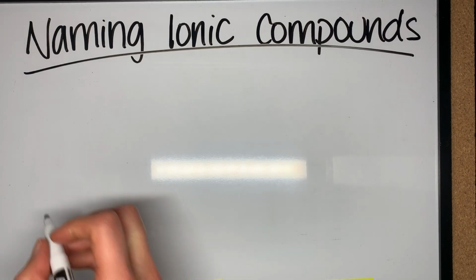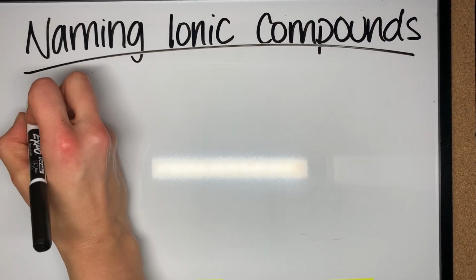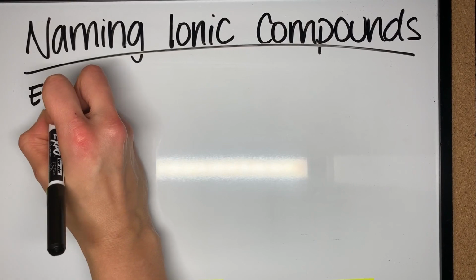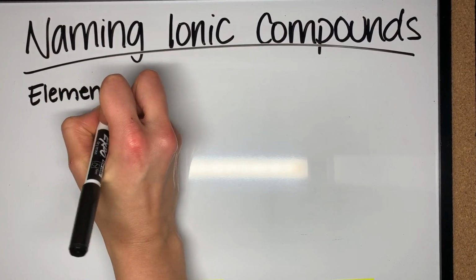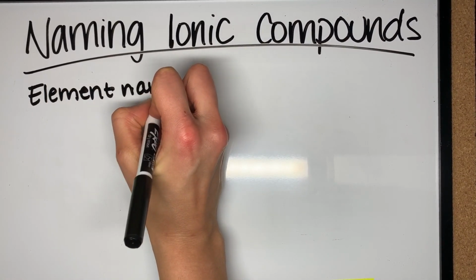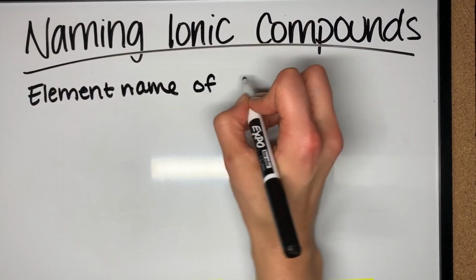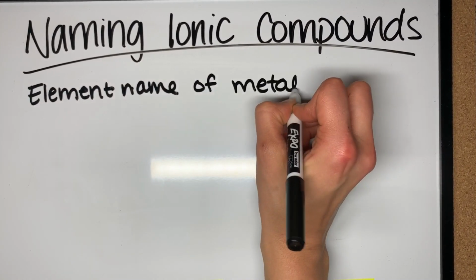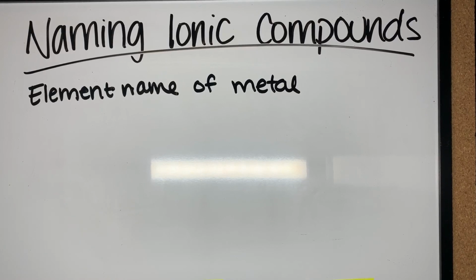What you are going to do, this is the general rule, is write the element name of the metal, just normal, like sodium or magnesium or calcium or iron.